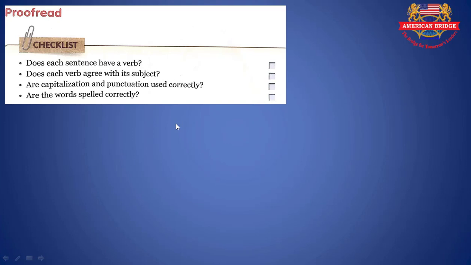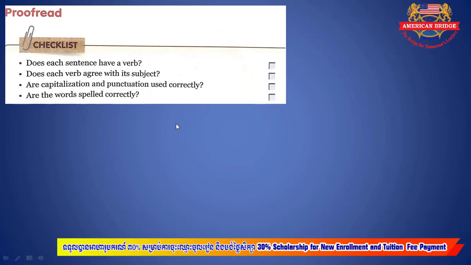When the sentence has no verb, we call it a fragment, missing subject or missing verb, so you have to check it. Number two, does the verb agree with its subject or not? This is about subject and verb agreement.